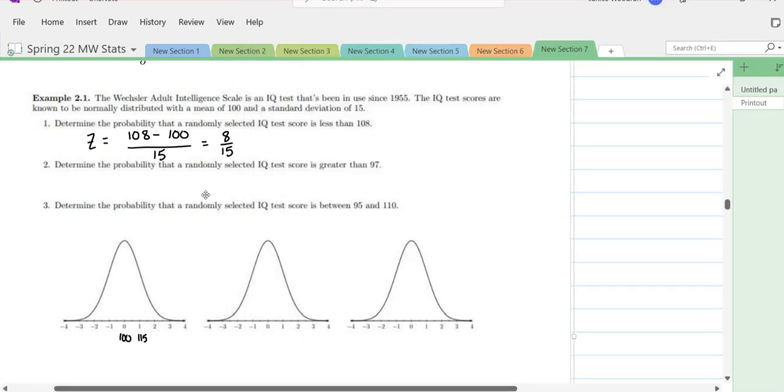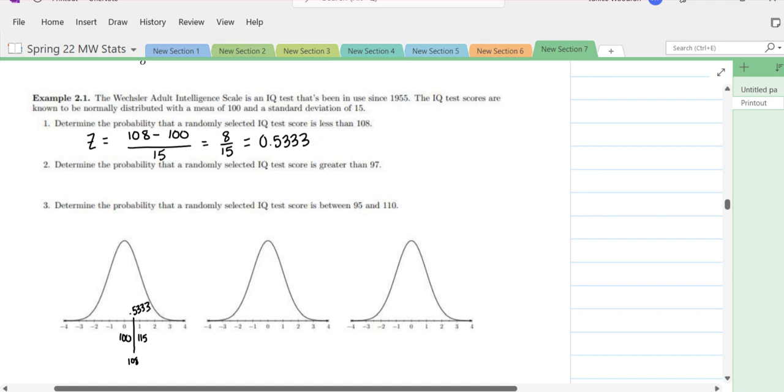We'll do 4 decimal places. If I'm looking at this scale down here, that's about right here. So that's where the 108 is, which means on the standard curve, it's right here, 0.5333.